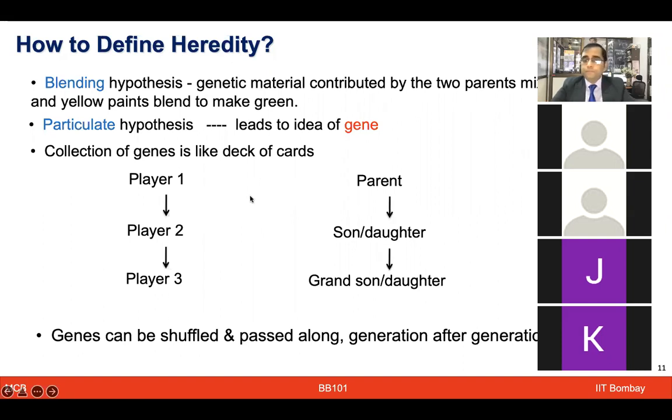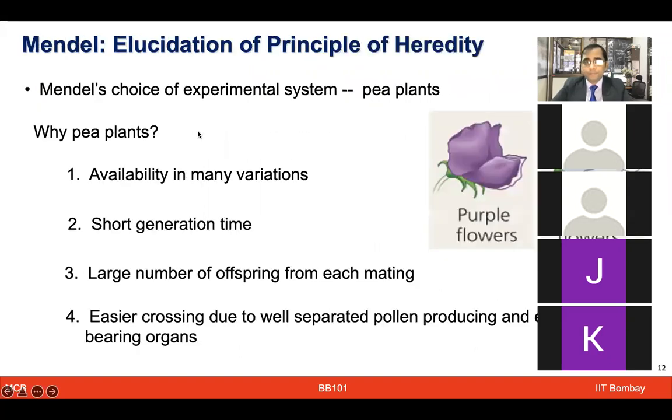Likewise, the information moving from the parents to their offspring, son, daughter, or to the grandson, granddaughter, could all be shuffled, and one could find some pattern of information, which led to the idea of the gene. So keep in mind these hypothesis names, the blending and particulate hypotheses. And the particulate one is more acceptable as the idea of how genes work.